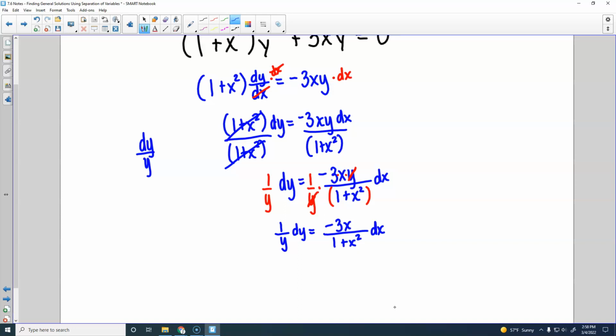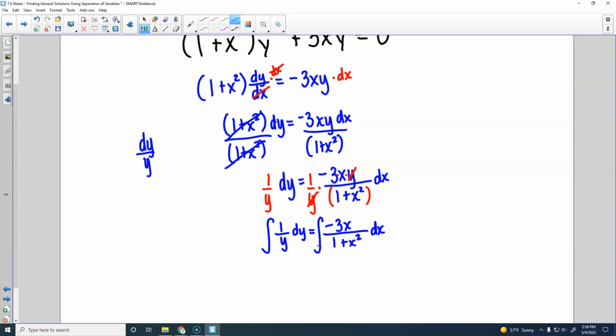Okay, so once we have everything completed, we're going to integrate both sides. Now, the left-hand side is a simple integral, if you remember what the integral of 1 over y is. It's natural log. But here is the warning that I want to give you.